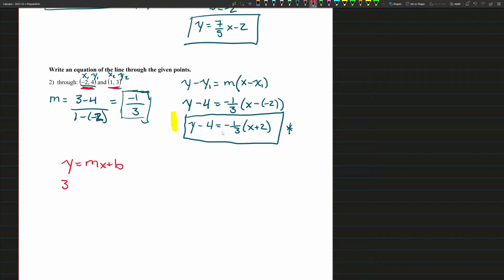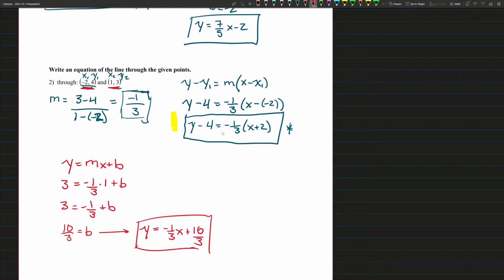So 3, our y value, is equal to negative 1/3 times 1 plus b. So we have 3 is equal to negative 1/3 plus b. We'd add the 1/3 over. So 9/3 plus 1/3, that's 10/3 is equal to b. So we'd have y is equal to negative 1/3 x plus 10/3.